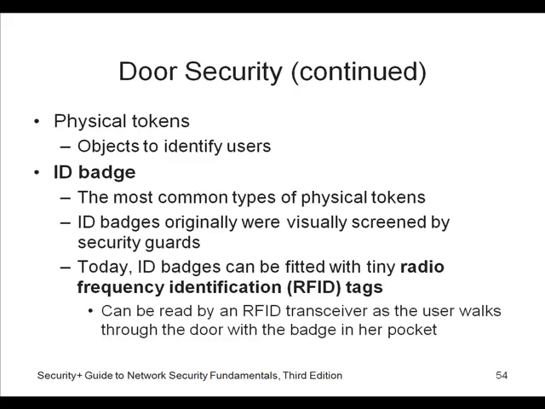ID badges, RFID tags. We kind of had that at Blue Ridge, but what we had was badges that had a sensor that you scanned, and your badge gave you entrance, but it also gave you access as to where you would go. We were in the basement of one of the buildings, which is a lot closer to the parking lot.